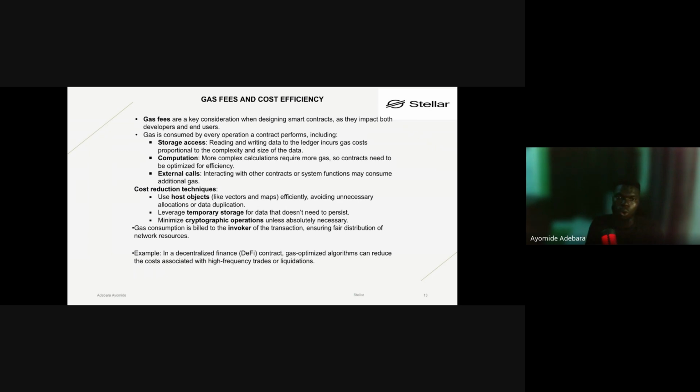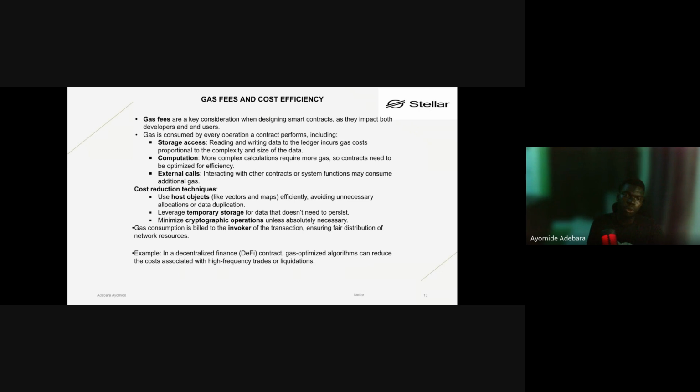You make efficient use of host objects like vectors and maps. You intentionally do not create data structures that are not useful in certain situations, or create duplicates of data. These are the things you think of when it comes to cost reduction and optimizing gas.